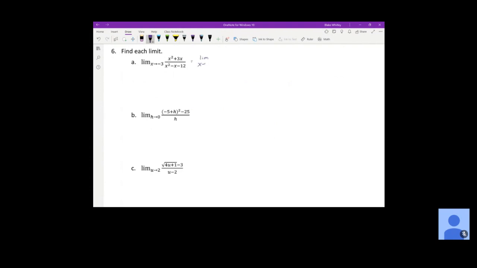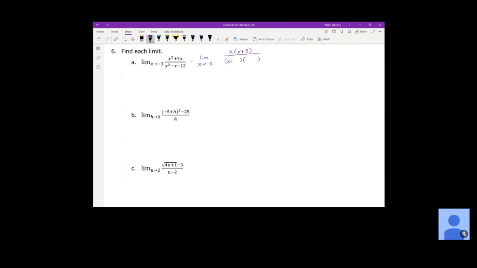So we're taking the limit as x approaches -3. How's the numerator going to factor? Good. We can factor out the x, so x times x plus 3. And then what are the factors going to be in our denominator? Good.